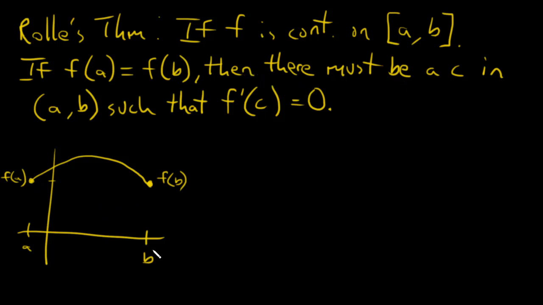Then there must be some value c, so some value between a and b, such that the slope at that point equals 0. The slope is a horizontal line, so somewhere between a and b, there's a point at which the slope is 0. And I would say that point probably lies somewhere around here. We'll call that c.